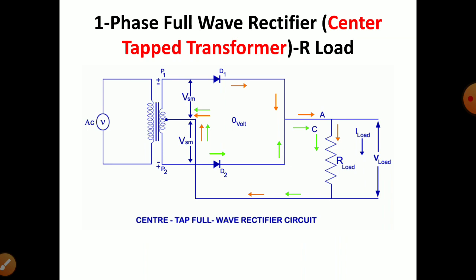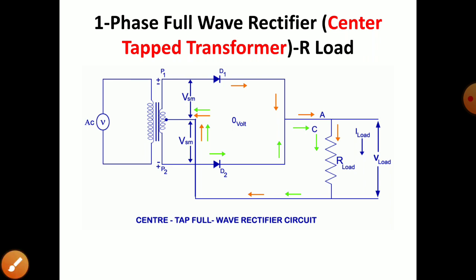There are various types of loads we use in the system, but in this circuit a purely resistive load is used. It is a schematic representation, or we can say an equivalent circuit, of the single phase full wave rectifier with a center tapped transformer connected to a purely resistive load.